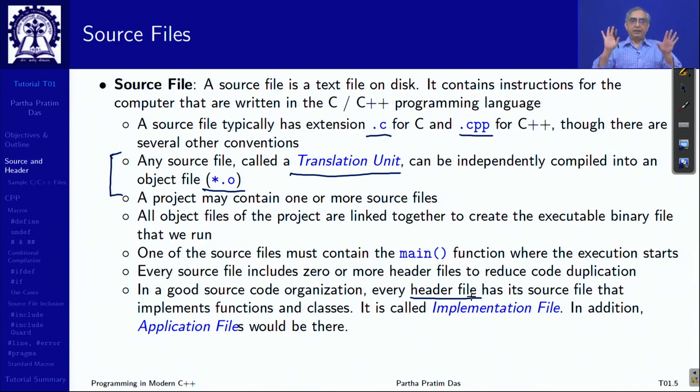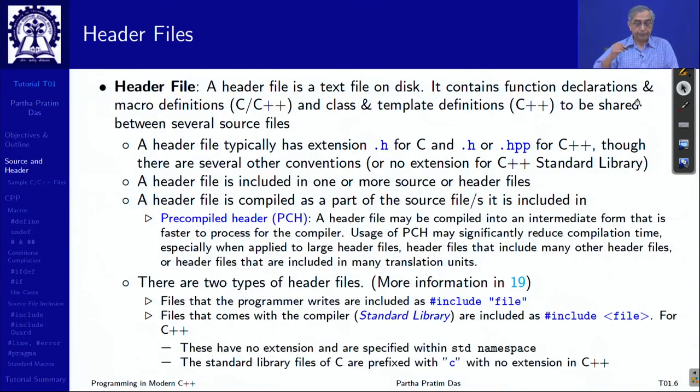I will also define formally what header files are, but you grossly understand. That is the cleanest design. If I have complex.h, there has to be a complex.cpp. If I have point.h, there must be a point.cpp, like that, so that they can be independently compiled. These are called implementation files, and finally, you will have application files to do whatever application you are into.